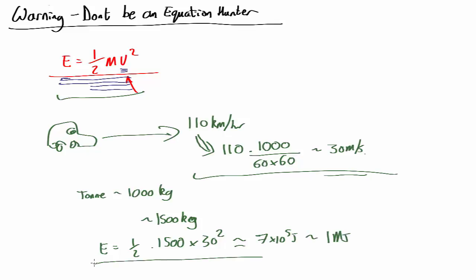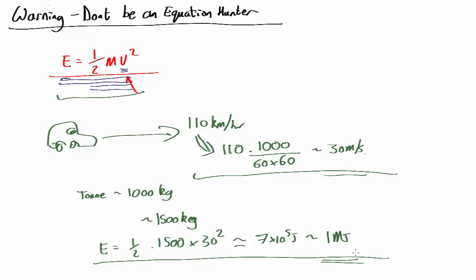So roughly speaking, accelerating a typical car up to freeway speed takes about 1,000,000 joules, about a megajoule. Now, of course, this will depend a bit on exactly how heavy the car is, but that's a good ballpark figure. 1 megajoule, that's a lot of energy to accelerate the car.